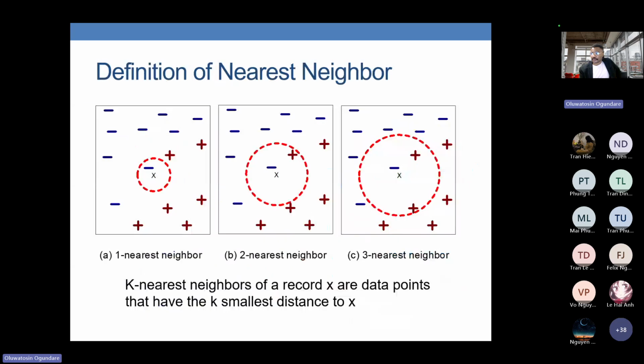All right, so let's quickly see the final point in nearest neighbor. When we talk about nearest neighbor, we always say k nearest neighbors, because k determines the size of the neighborhood, right? So for example, let's go back in our slide.